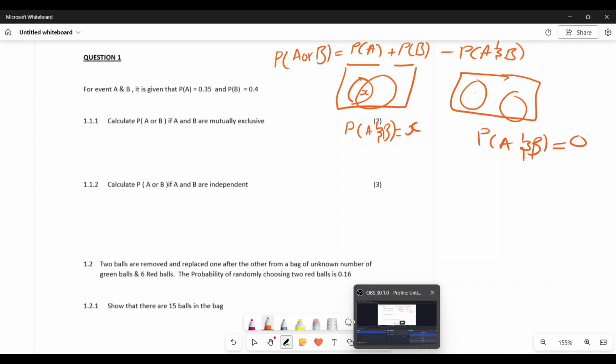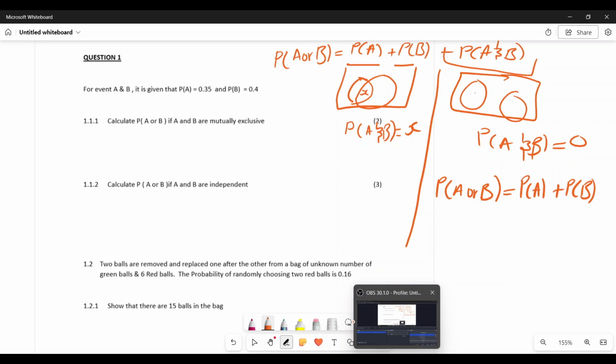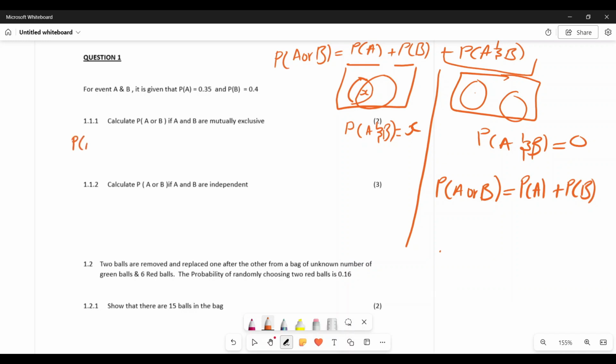Now, if they want us to calculate the probability of A or B, it will be equal to the probability of A plus the probability of B. The reason we are not subtracting the probability of A and B is that it is always equal to 0 in a mutually exclusive event, meaning this is the formula we're going to use to calculate the probability of A or B. For this question, it will be the probability of A plus the probability of B, 0.35 plus 0.4.